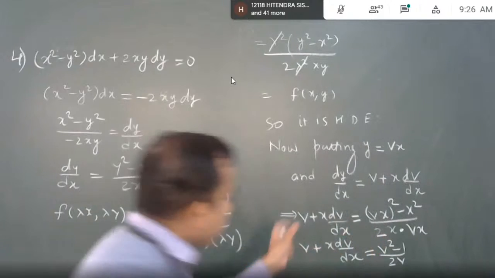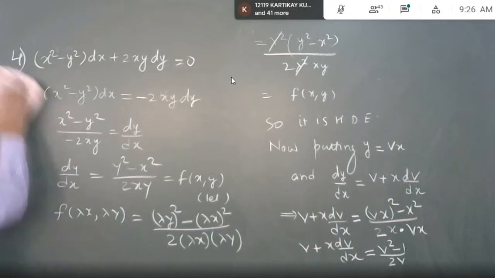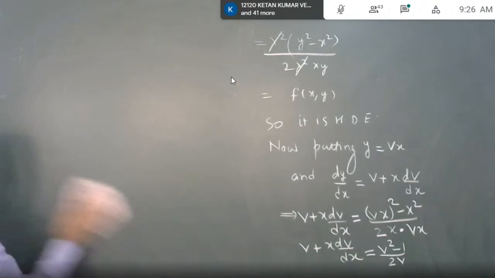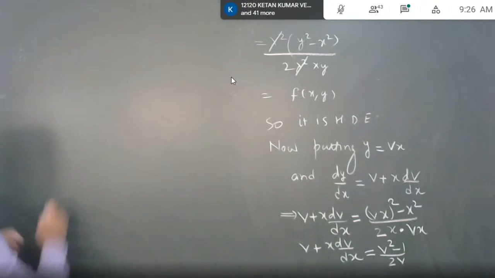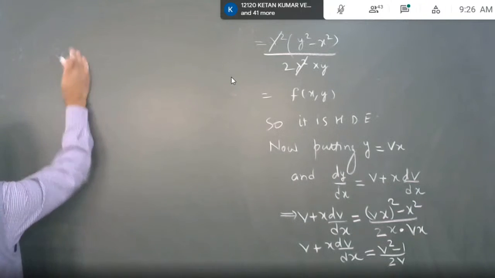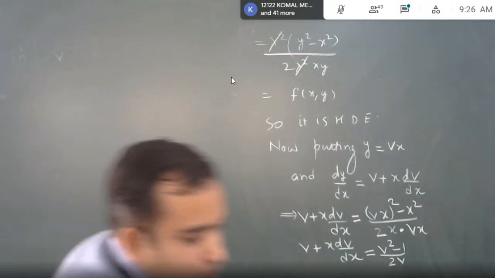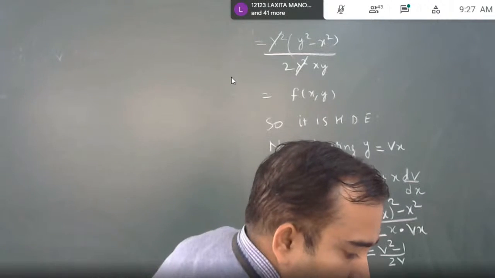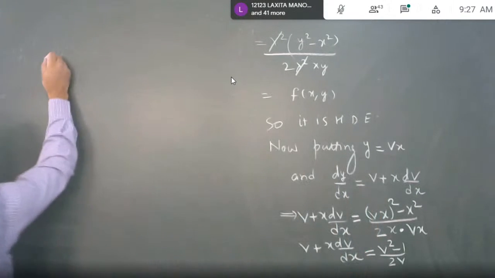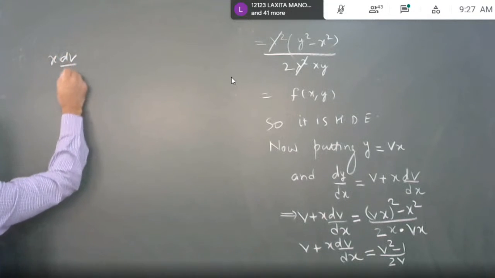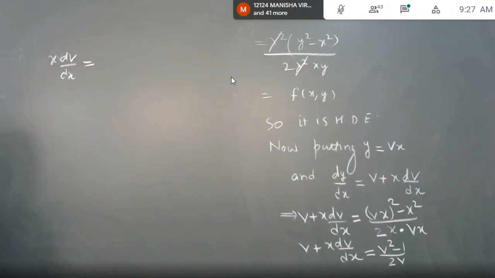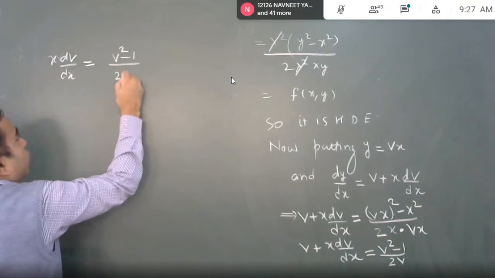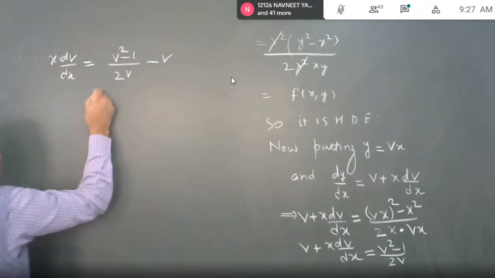So let us shift this v to the right hand side. Yes, so this will become v, I am shifting it there. So x dv upon dx will become equal to v square minus 1 whole upon 2v minus v.